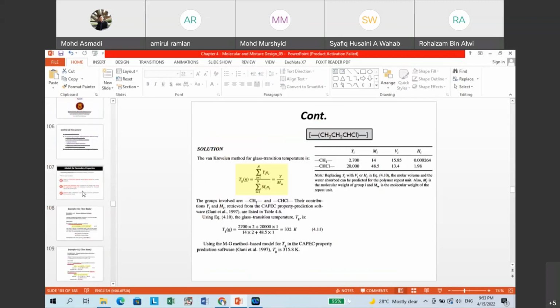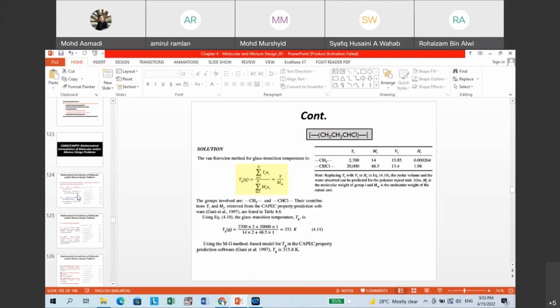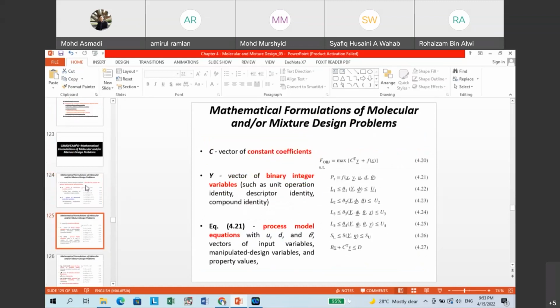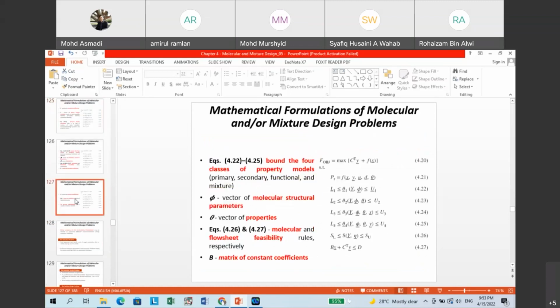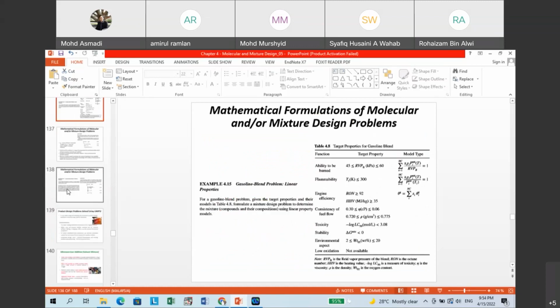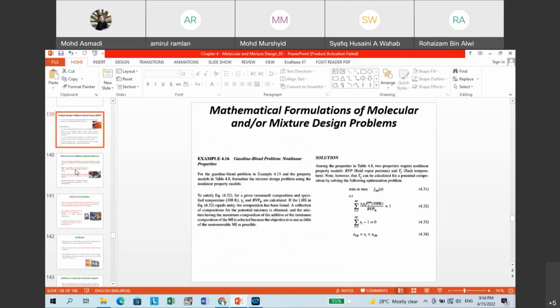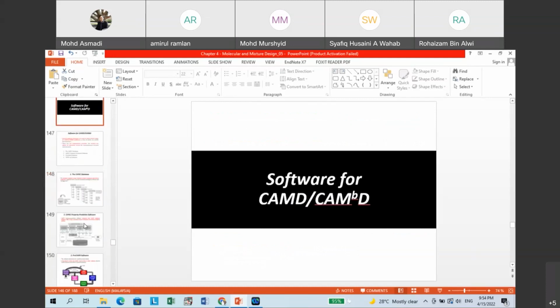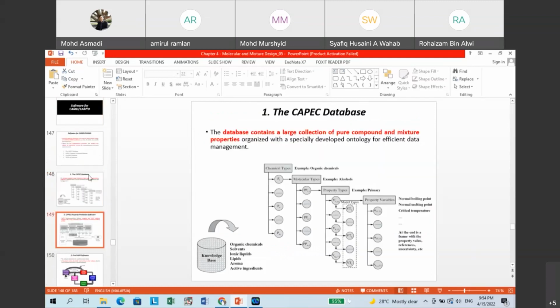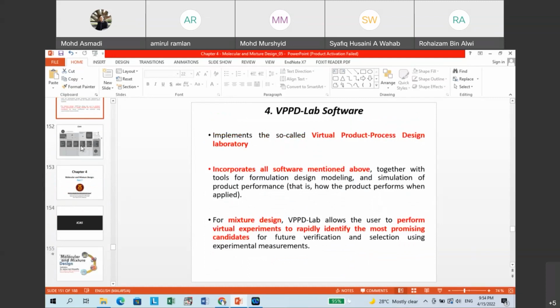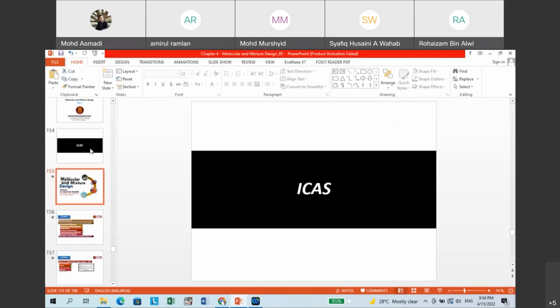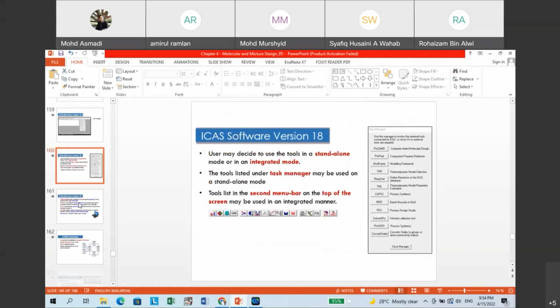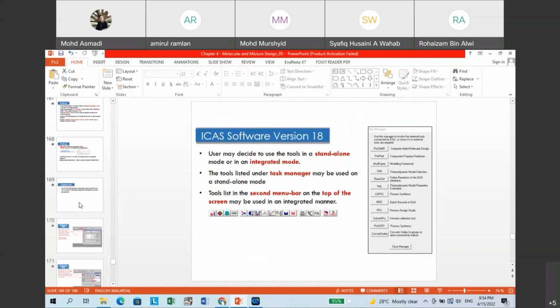And this one is more hands-on, for the software. I don't think I'm going to explain. This one is more theory actually. The software, I just explained about the ICAS. This one is more theory.